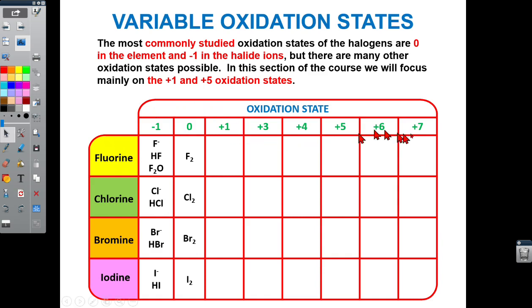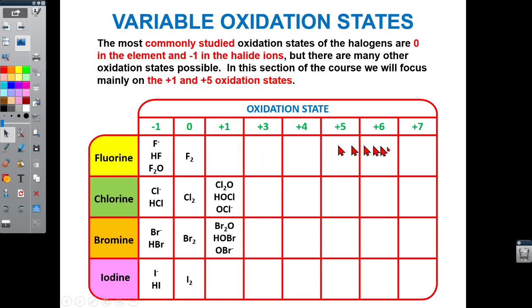But as you can see, there's a wealth of other oxidation states that we can form with the halogens, which so far you have yet to come across. And some of these I'm going to list here now. I'm going to focus in on a few of them in a minute. So oxidation state +1. You'll notice fluorine, by the way, that's it for fluorine.